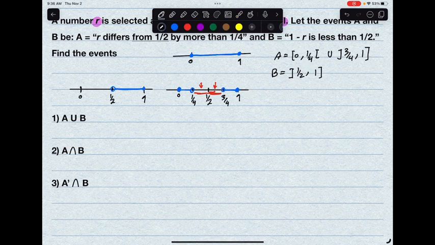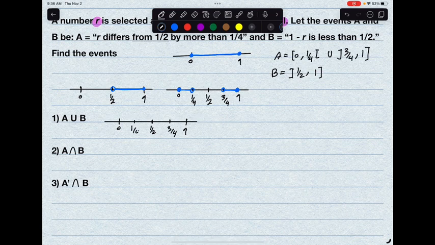Now you can see we have A, we have B. Their union will be on the interval from 0 to 1. Here is 1 over 2, 1 over 4, and 3 over 4.